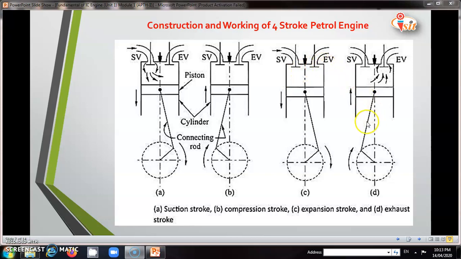When the crank keeps rotating, the piston starts moving from BDC to TDC, and the burnt gases escape out through the exhaust valve. In this stroke, the inlet valve, that is the suction valve, is closed, but the exhaust valve remains open. Hence, in the 4-stroke petrol engine, we get 1 power stroke per 2 revolutions of the crankshaft.